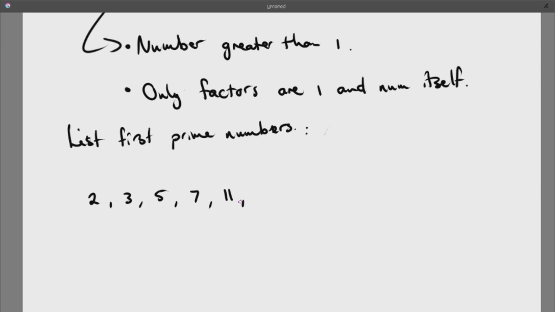12, so obviously any even number now is out because it would necessarily be divisible by 2, which is a number between 1 and itself, and that's not allowed, right? So even numbers are out past 2, but just because you're odd doesn't mean you're necessarily a prime number, but the next one is in fact 13. 15?